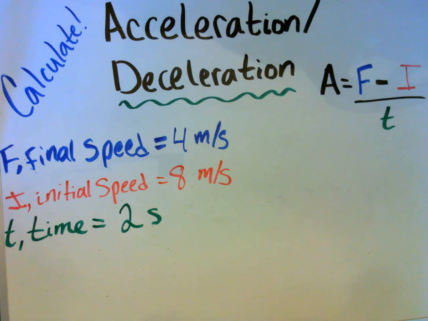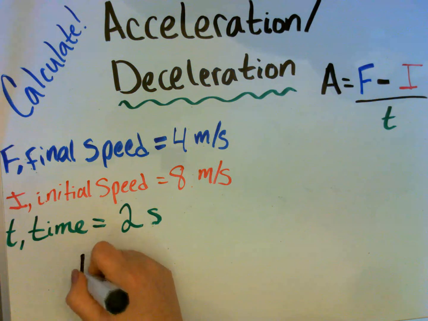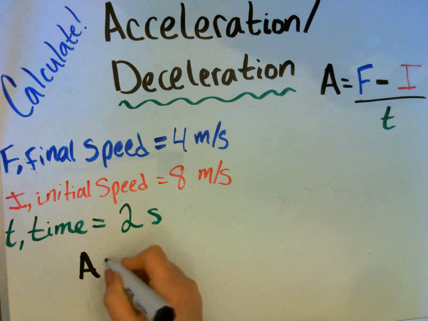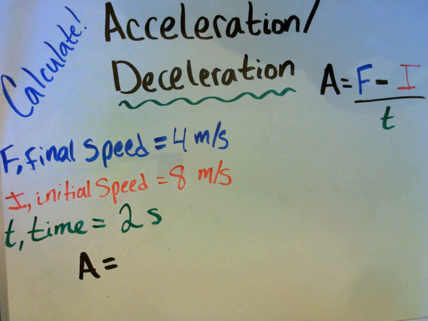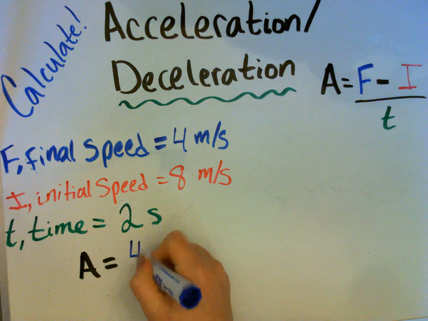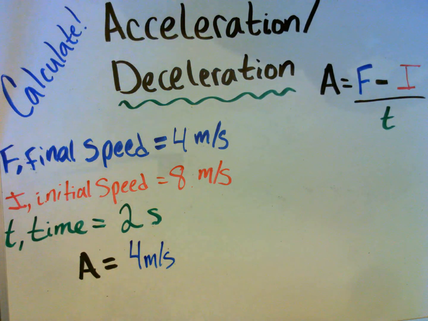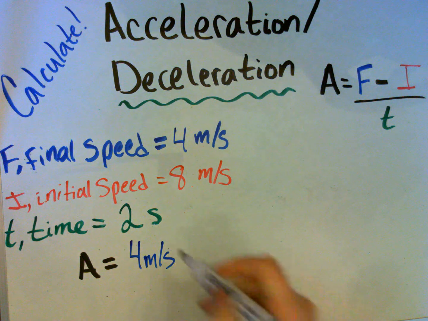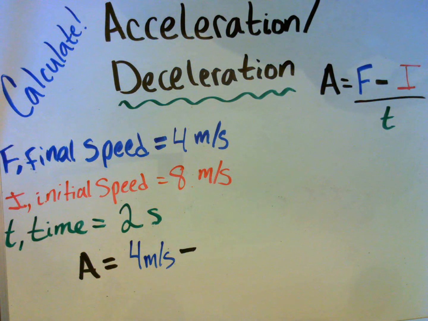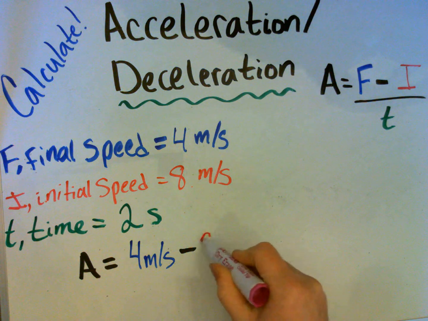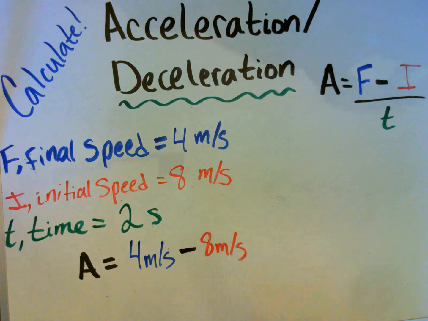So let's solve for our deceleration or negative acceleration. So we know acceleration equals final, 4 meters per second, minus initial, which is 8 meters per second. And that this occurred over a 2-second time period. So we divide by 2 seconds.